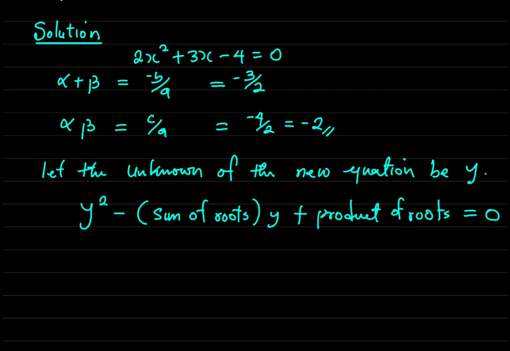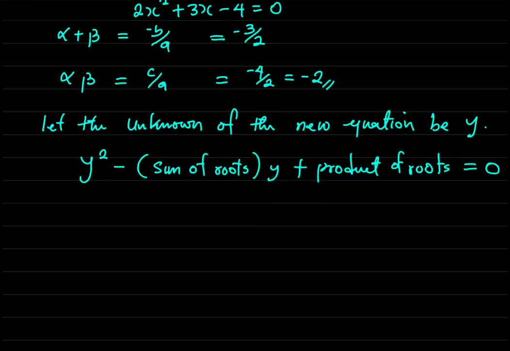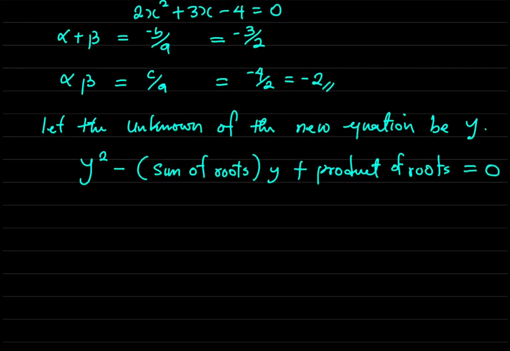So we actually need the sum and the product. Now remember, the new roots are alpha minus 1 over beta and beta minus 1 over alpha.